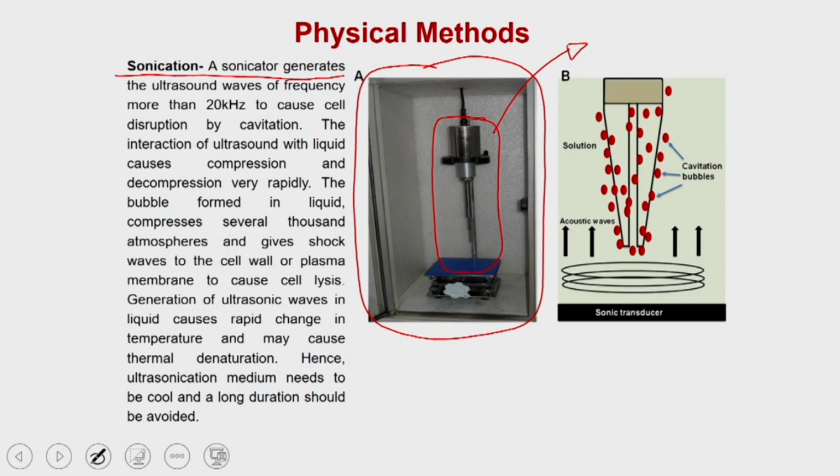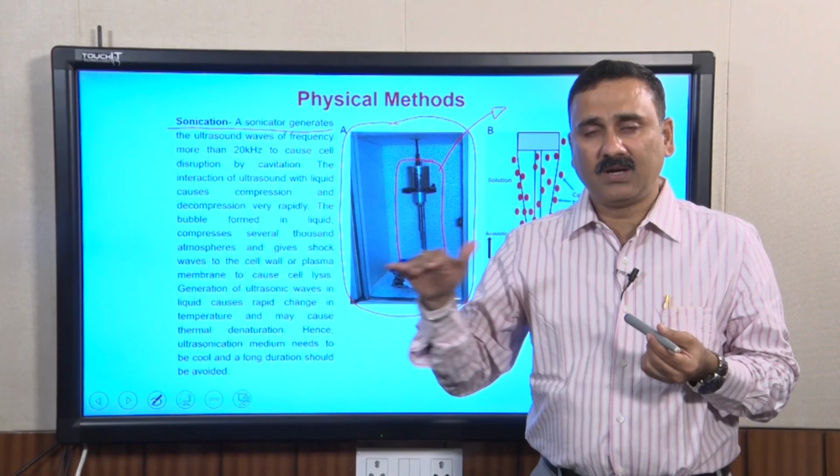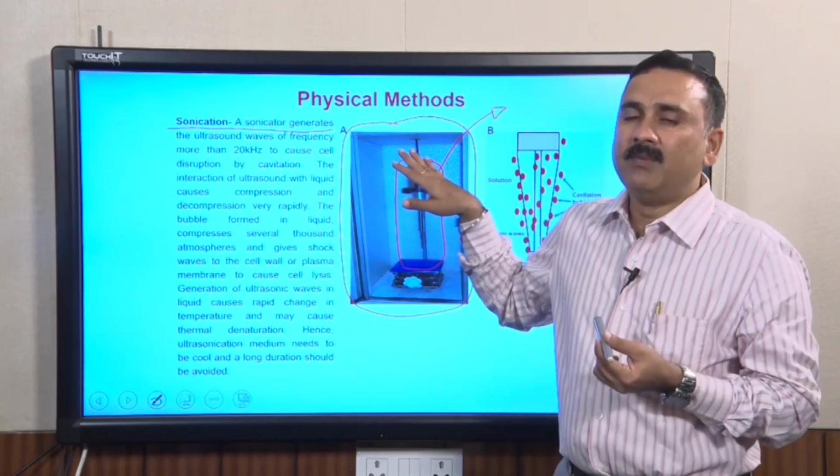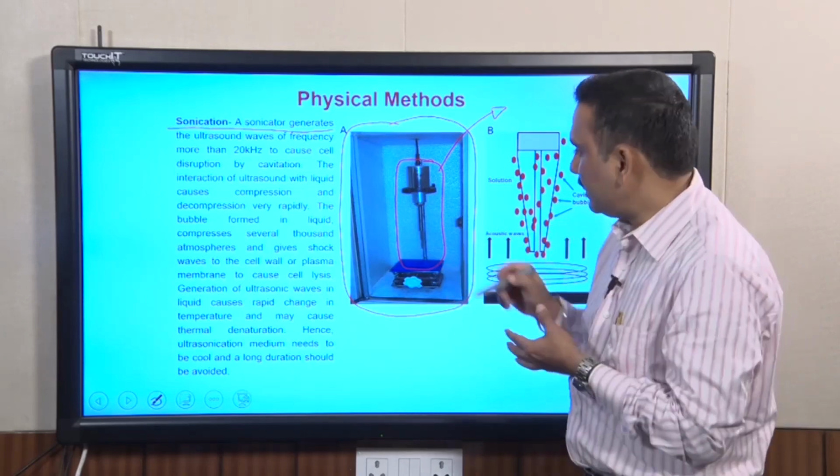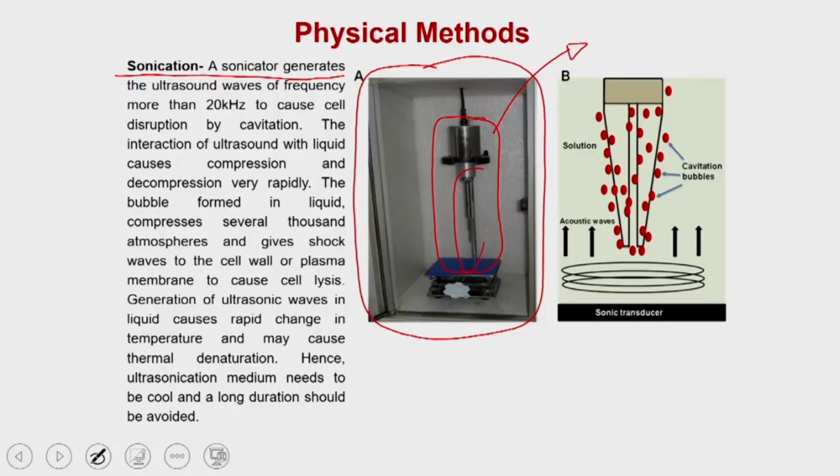You can have bath sonicators, where the sonic waves are generated inside the water, and you can have probe-type sonicators, where the sonic waves are generated through the probe and transmitted into the liquid which you put inside this chamber.